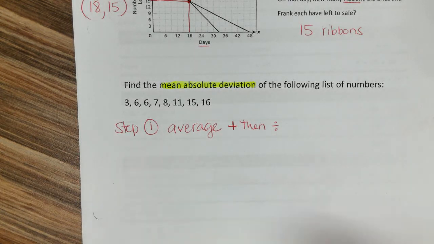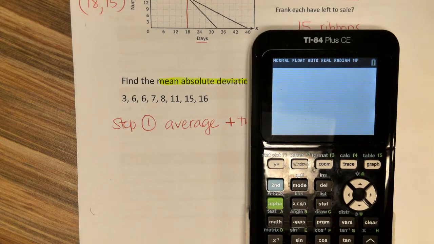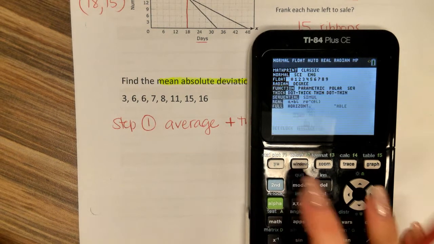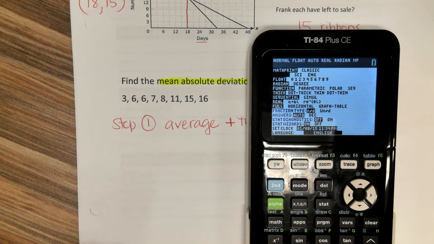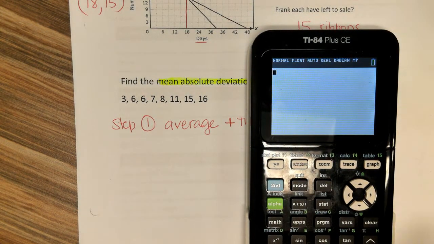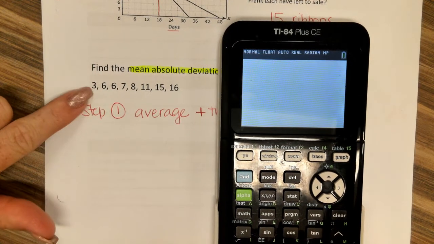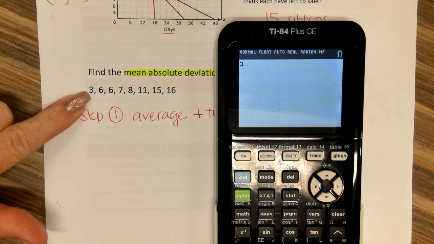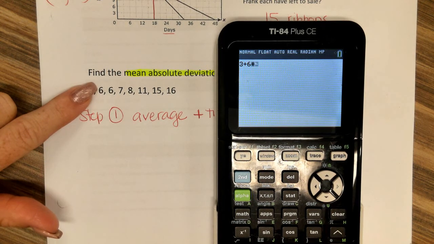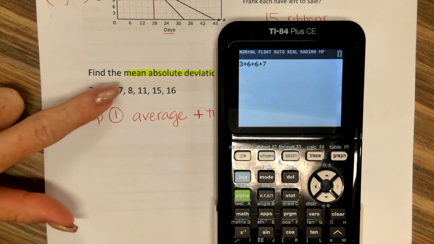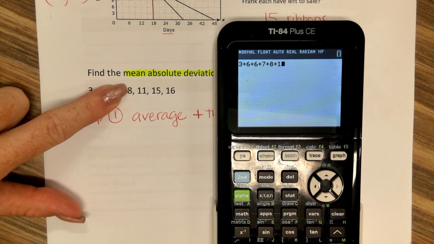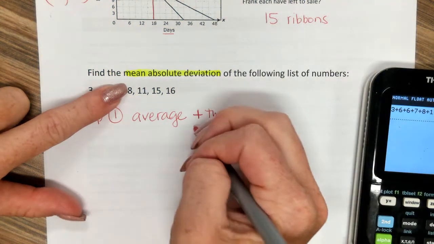All right, so we're going to take our calculator. Make sure that you are not in rounding mode. So I'm just in normal calculator mode. I'm going to add 3 plus 6 plus 6 plus 7 plus 8 plus 11 plus 15 plus 16. Okay, so that's my adding part.